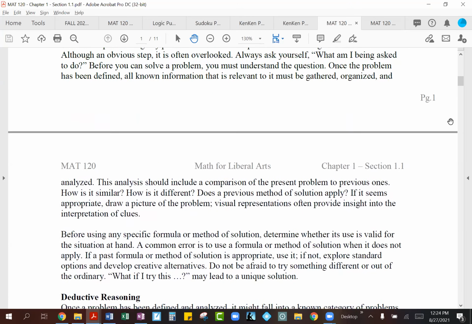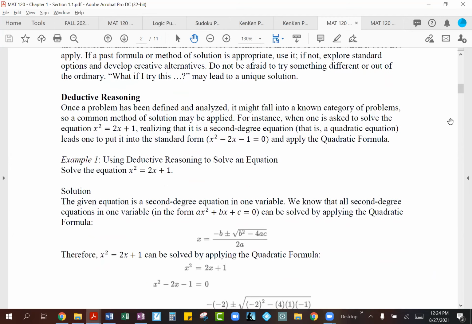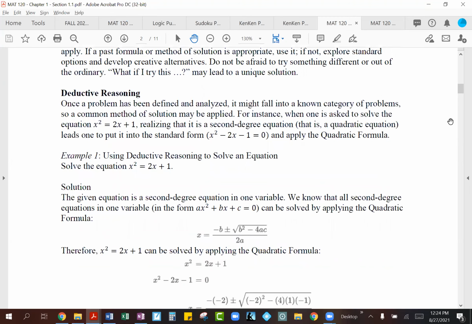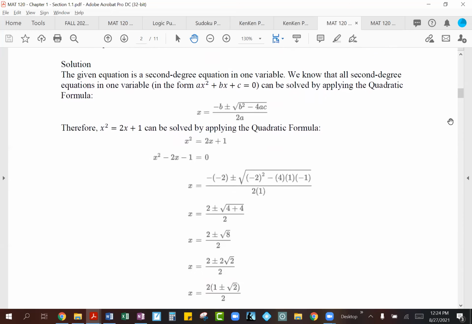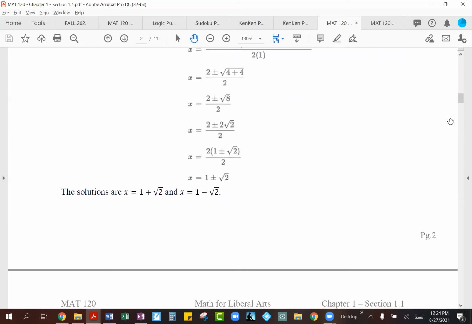For that matter, if you look at this example over here, they're talking about solving this equation. This is your quadratic equation, second degree polynomial. You can see we are using the quadratic formula to solve this.